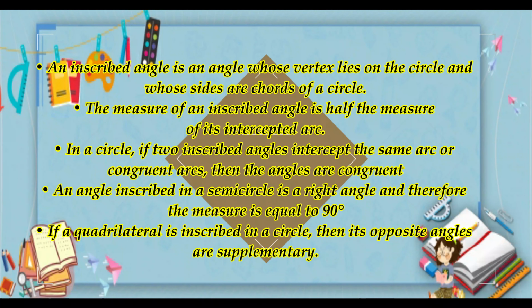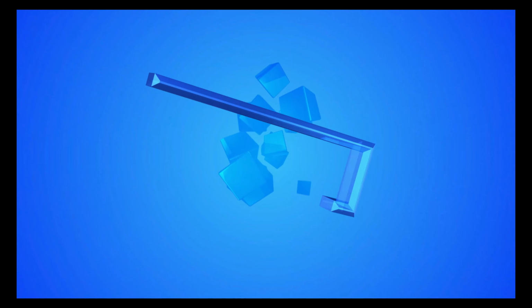An angle inscribed in a semicircle is a right angle, and therefore the measure is equal to 90 degrees. If a quadrilateral is inscribed in a circle, then its opposite angles are supplementary.